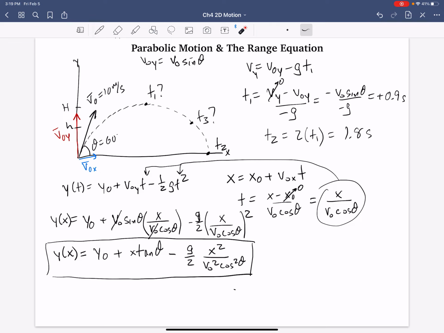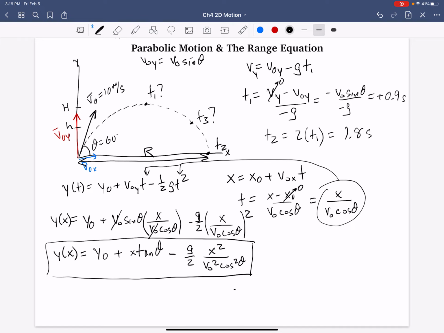Okay. The range equation is a specific instance of this. Namely, what's the total horizontal distance right there? What's that range?